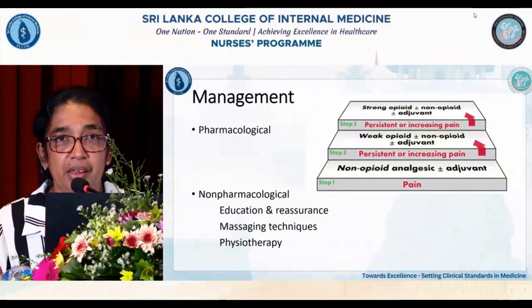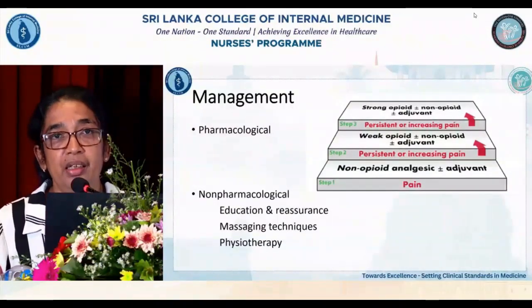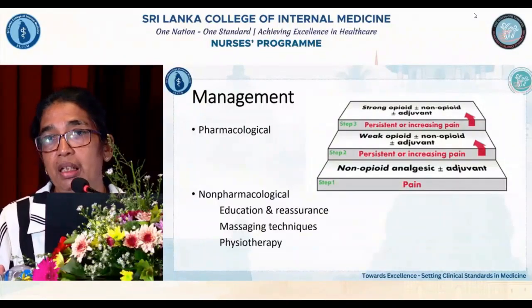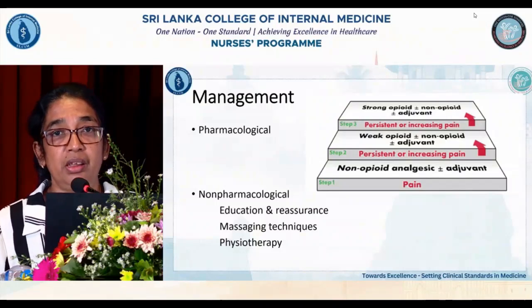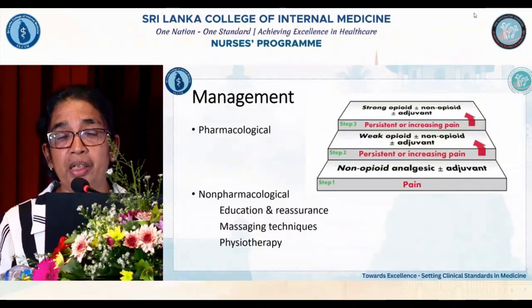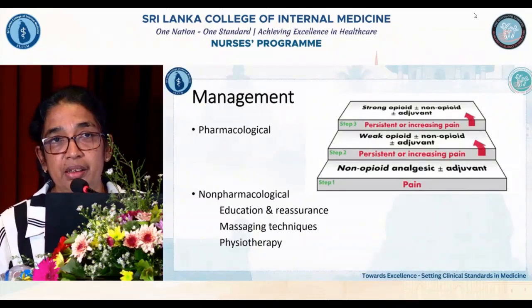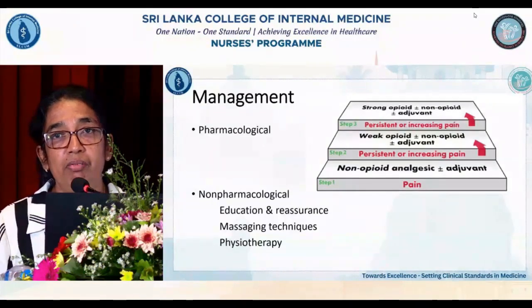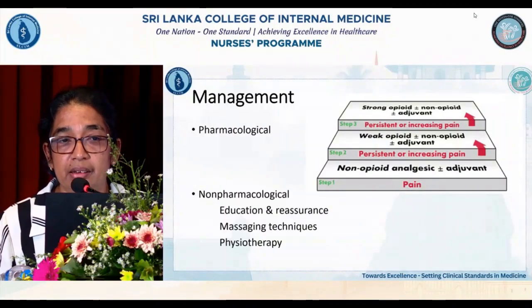So if the patient says it hurts, that is pain. We have no right to say that you cannot have this much pain, or that even after surgery it is normal to have pain, or that in labor it is normal to have pain. No, we don't have that right. Therefore, we have to give the PRN doses, if prescribed, if the patient says it hurts.